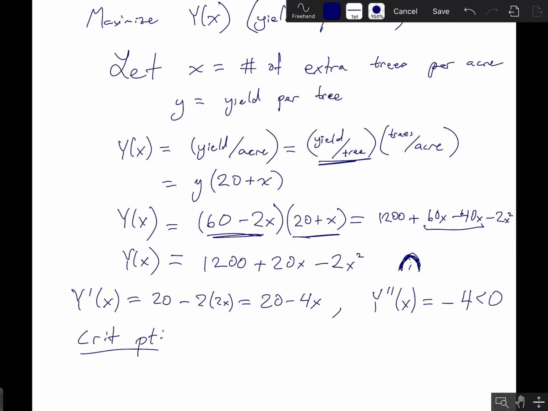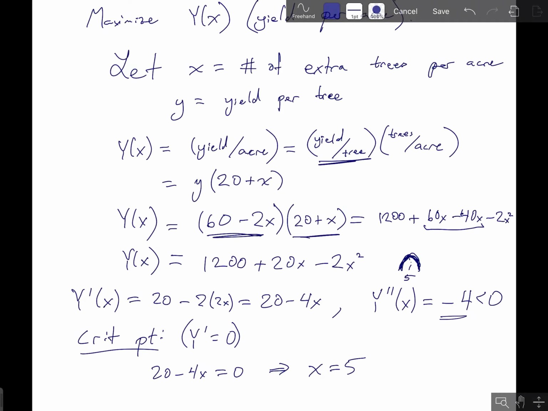So now we'll start looking for the critical points. A quadratic function only has one critical point, but we're going to find it the same way that we would find it for any other function. We just set that first derivative equal to 0. So that means that 20 minus 4x equals 0. Solving this for x will give you an x value of 5. So this x value of 5 represents a critical point.